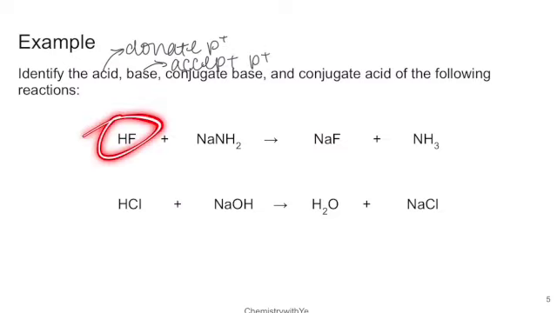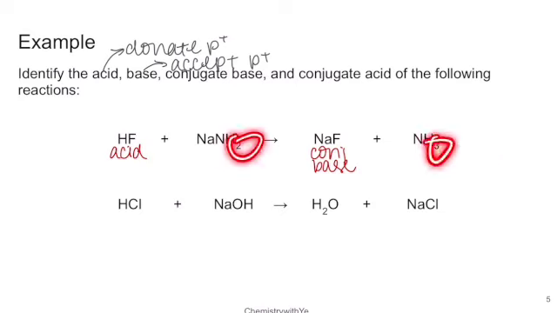So let's look at hydrogen fluoride here. It loses its proton. So this will be the acid, and this will be its conjugate base. And NaNH2 gains a proton. So this will be the base and its conjugate acid.